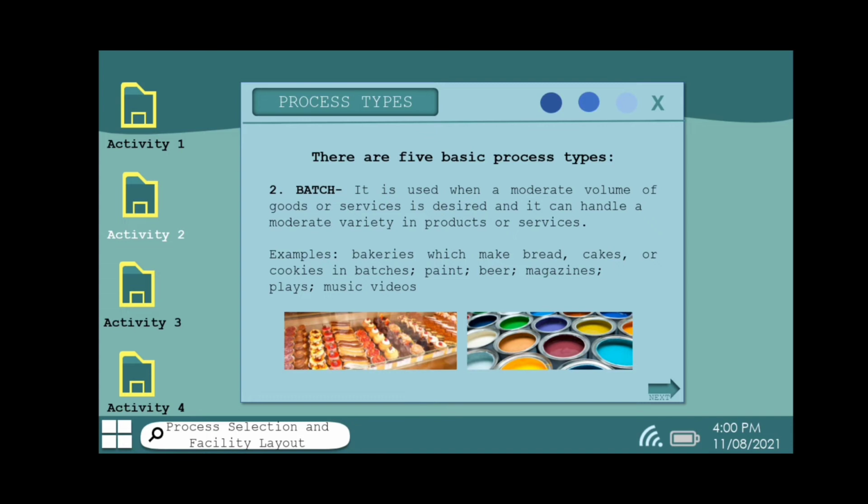Process equipment is somewhat more standardized than a job shop, but still quite general. The production volume can range anywhere between a few hundred and a few thousand pieces. A batch manufacturing process is often used to test the market potential for a certain product before deciding on mass production.